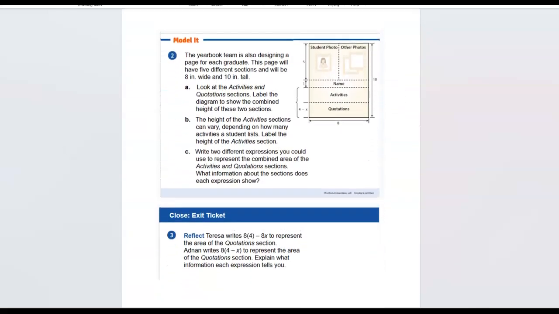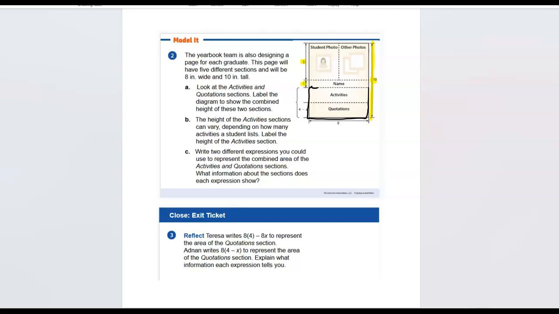So this time we've got a yearbook. We've got some dimensions filled out for us, but we don't have all of the dimensions. The first one says, look at the activities and quotation section. So this part right here, and it says, label the diagram to show the combined height. We know that the total height of this thing is 10, right? Now we've got 6 there.